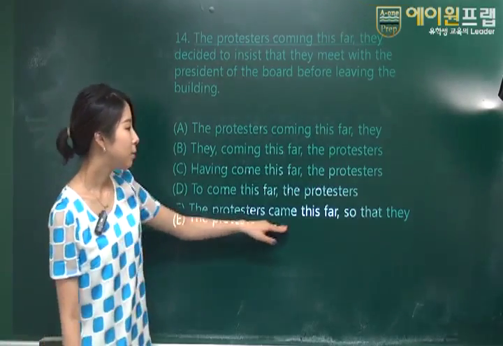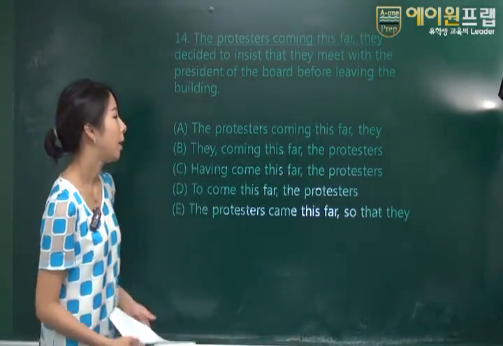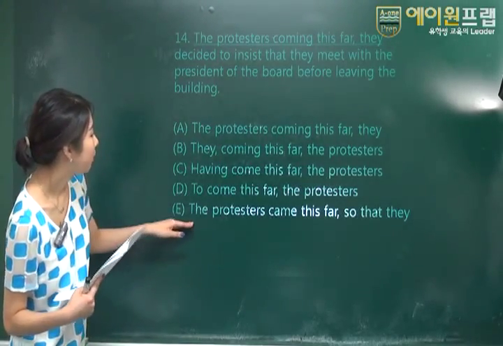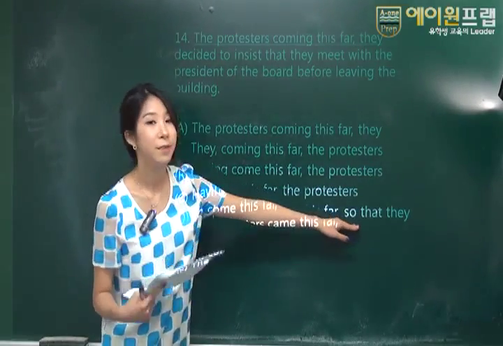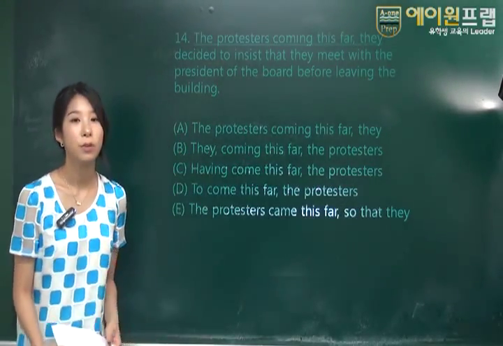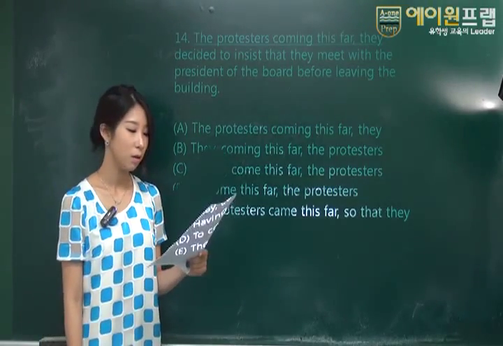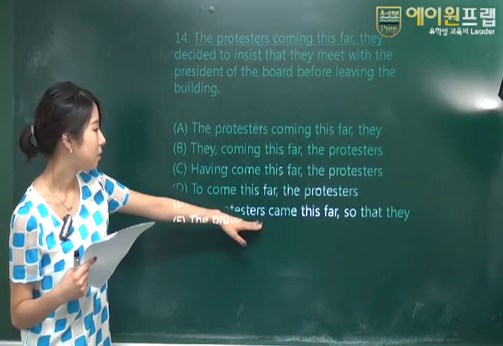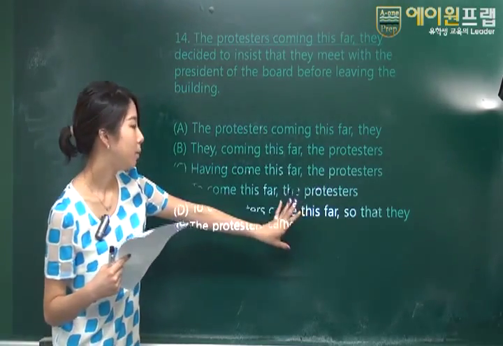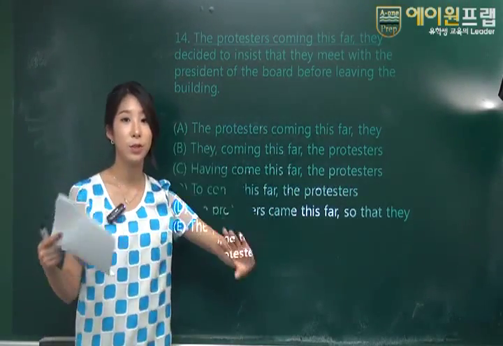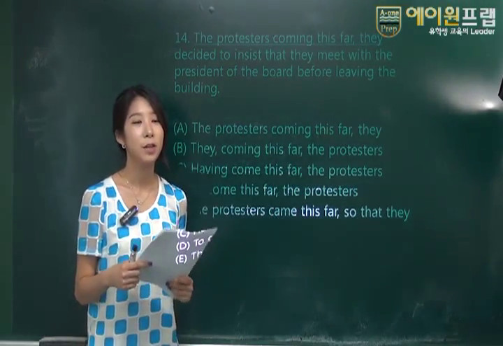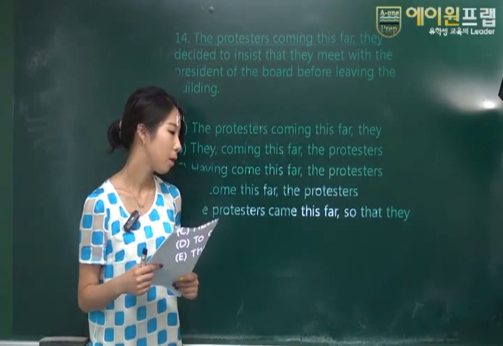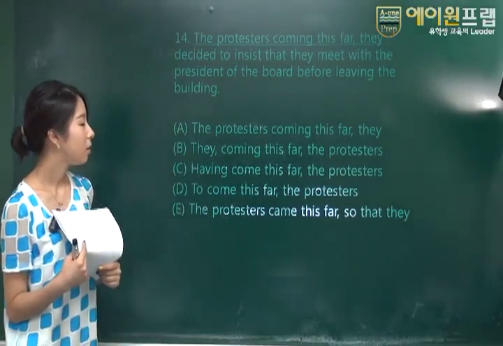And E, the protesters came this far so that they, okay. Also, the meaning is changed because of this, so that. When do we use that expression, so that? We use it to explain the relationship between two events. So, I'm trying to think of an example of using so that.